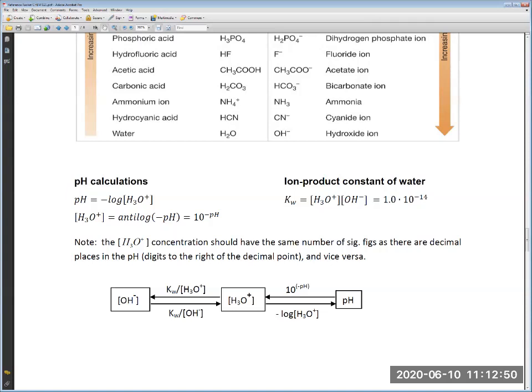So let's take this formula and use that to find the hydroxide ion concentration.